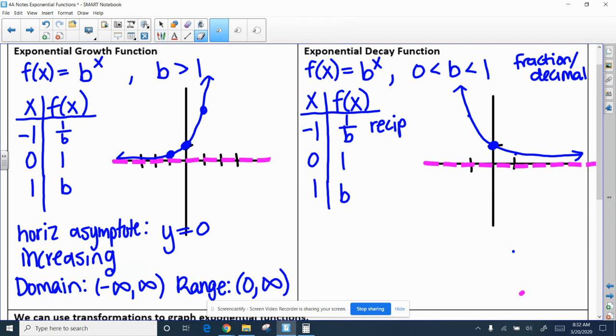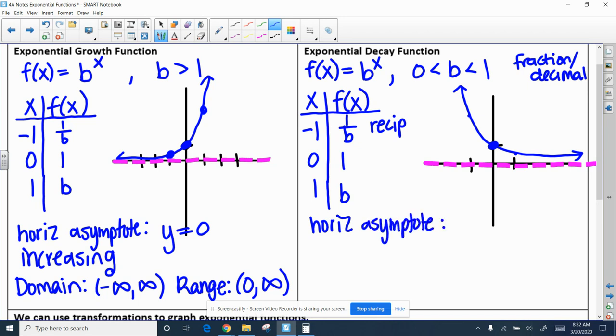All right, so if we look at the characteristics here, notice that this still has the same horizontal asymptote. So even though the b is a fraction, the asymptote is still y equals 0. And the difference, though, is that this one is a decreasing function. However, the domain and range will still be the same.